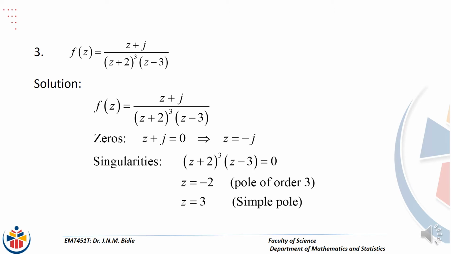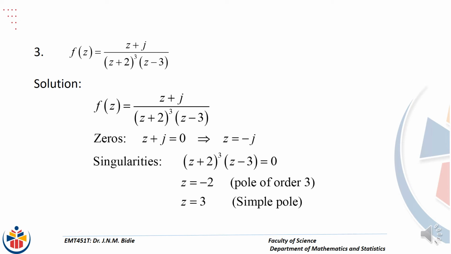Number 3, f of z is equal to z plus j divided by z plus 2 all cubed into z minus 3. Note that for the zeros again, we equate the numerator to 0, getting z equal to negative j.